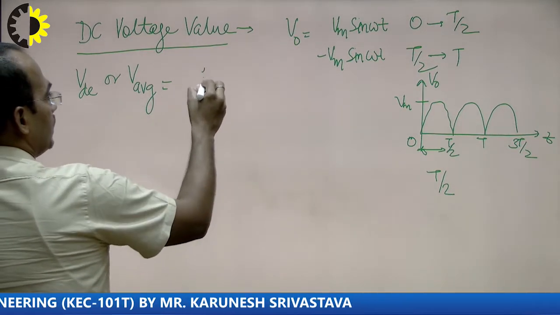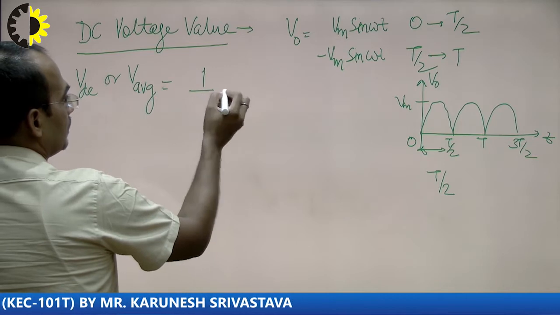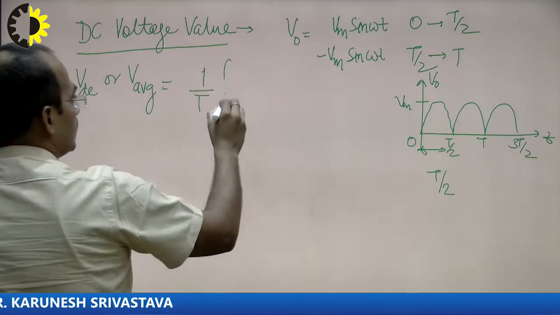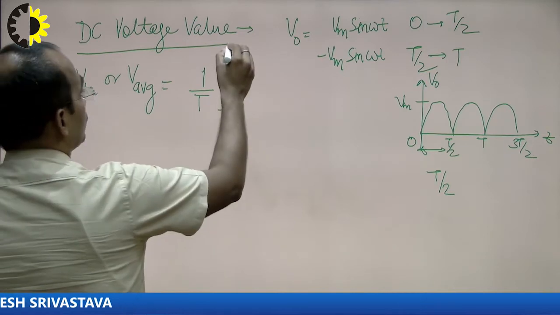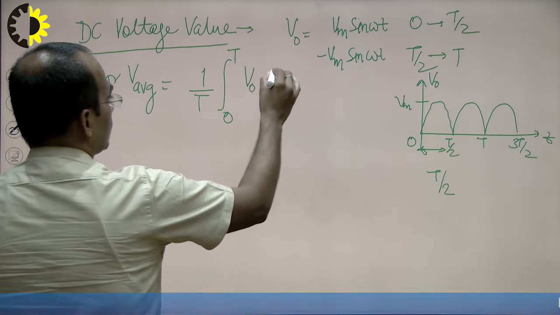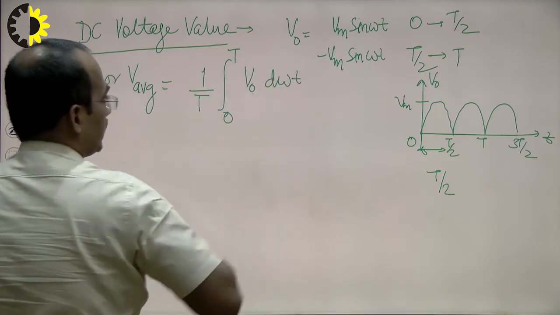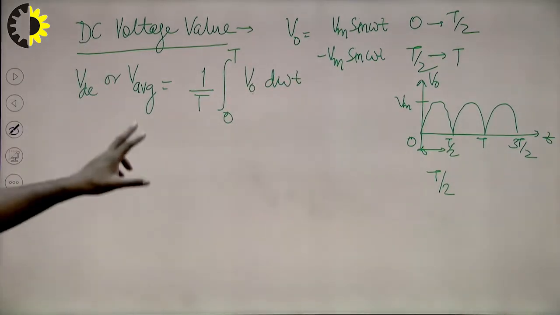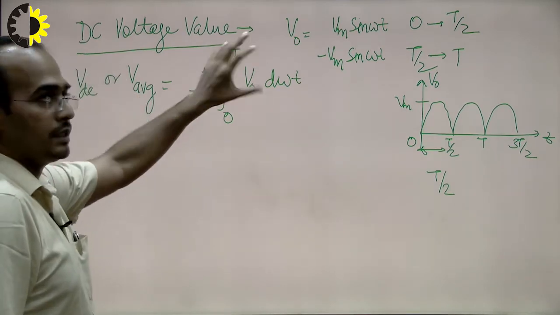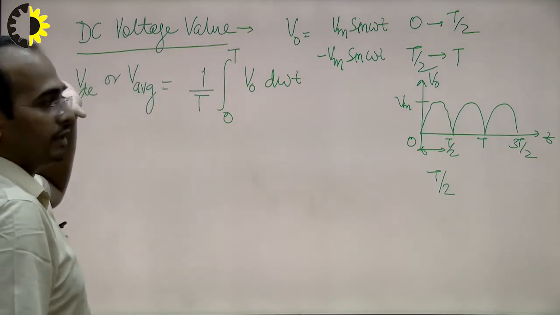So what will be 1 by T, integral 0 to T, V naught d omega t. This is the general formula: over a time period I have to integrate the output waveform, and after that divide by the time period.